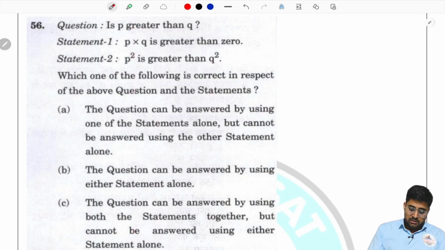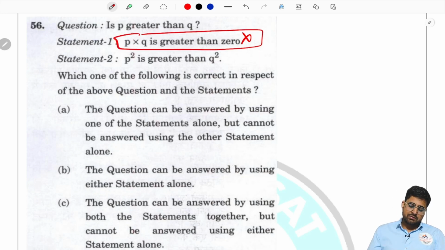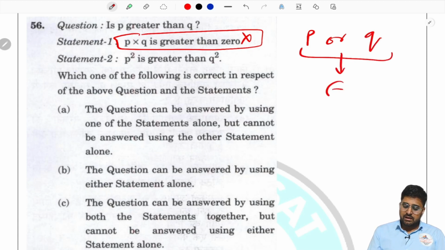In statement 1, P into Q is greater than 0. From this statement I can conclude either that yes, P is greater than Q, or no, P is not greater than Q. I simply cannot say, if any of them is negative.